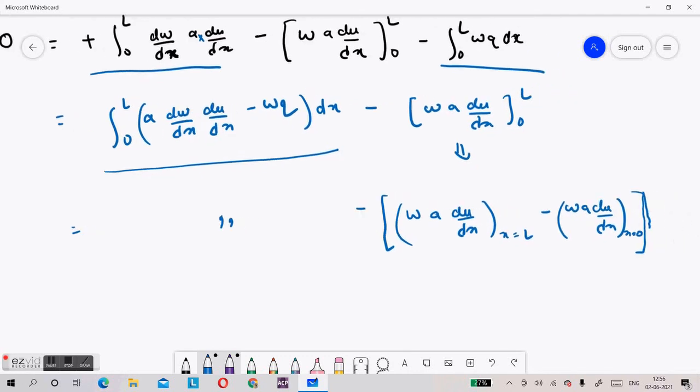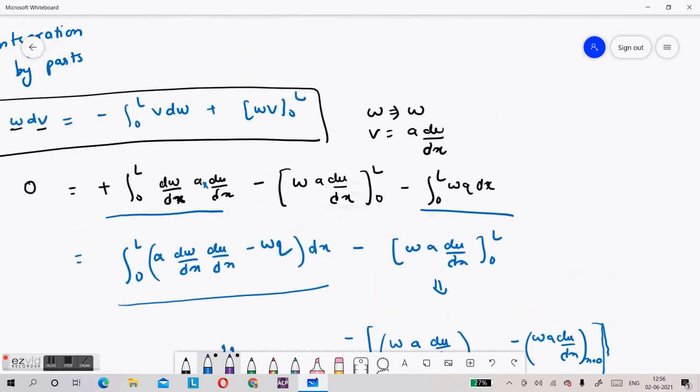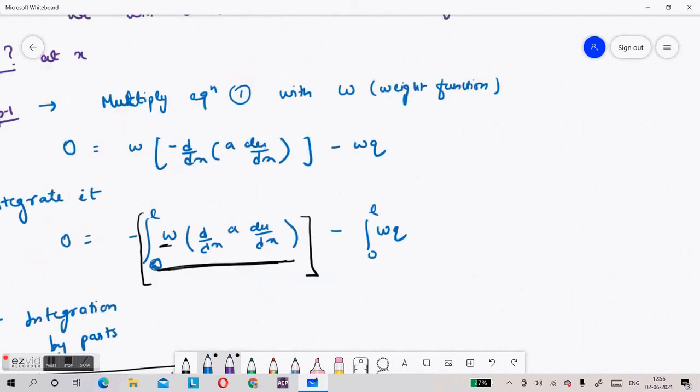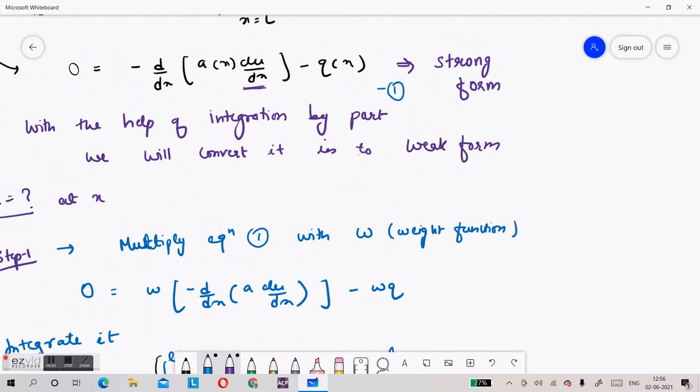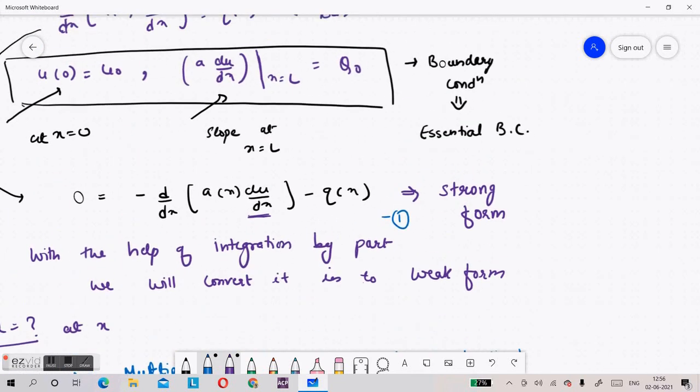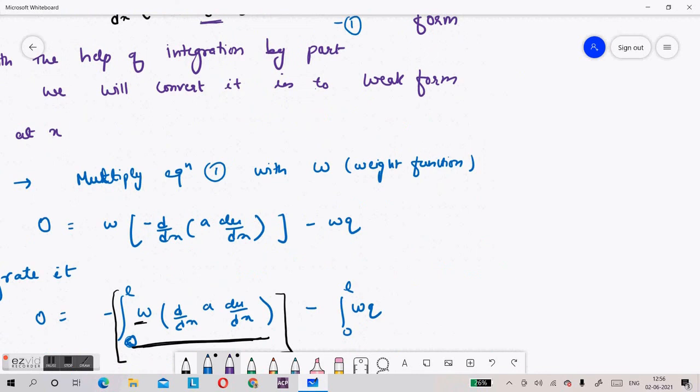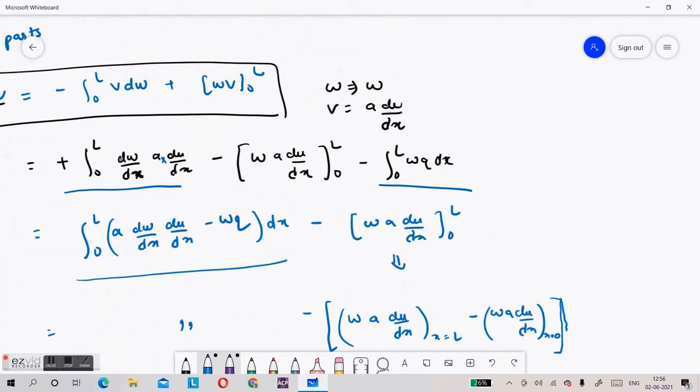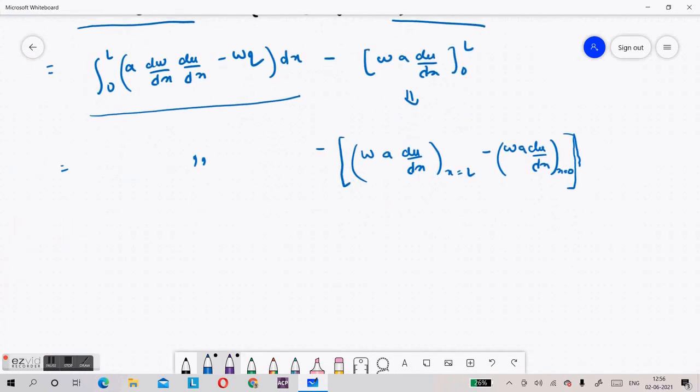These terms are already given. We have seen the essential boundary condition. So u at x equals 0 is u0, and at x equals L it is u0. We will put this term as it is, and we will take this whole term as q0.